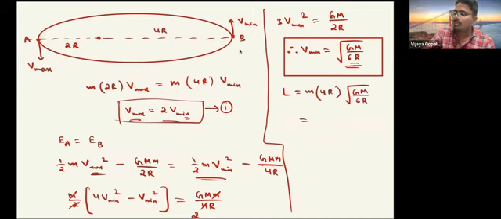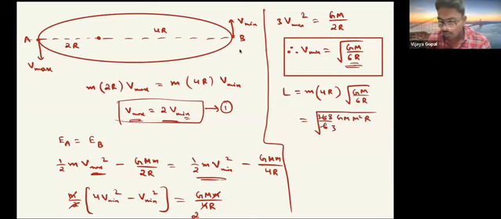Bringing everything inside, 16 by 6 under root of G capital M small m square into r, because one r will be cancelled. So 8 by 3 G capital M small m square r will be the answer. Clear?